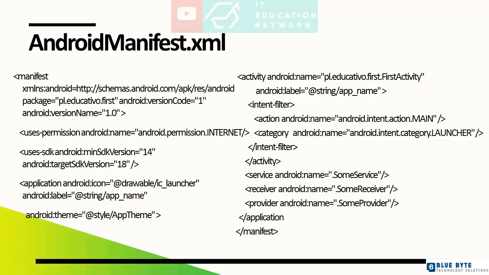Apart from defining components inside Android manifest, we may also specify the type of permissions required by our application. The Android permission model assumes that all the elements considered potentially dangerous must be specified as explicit by the manifest.